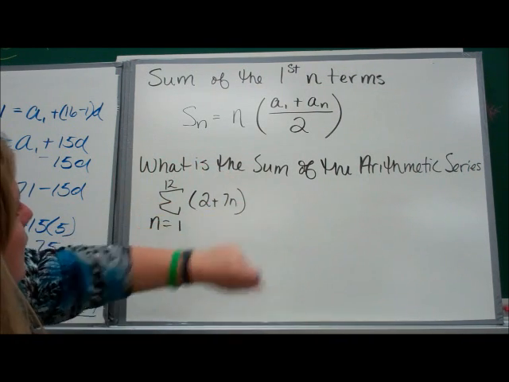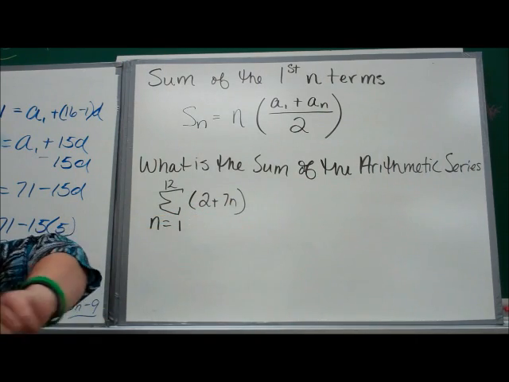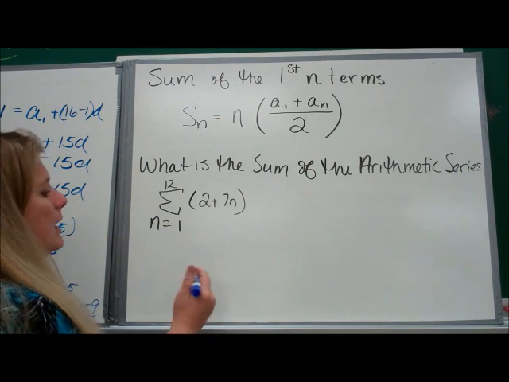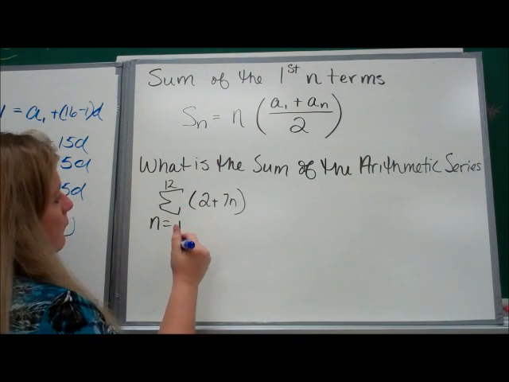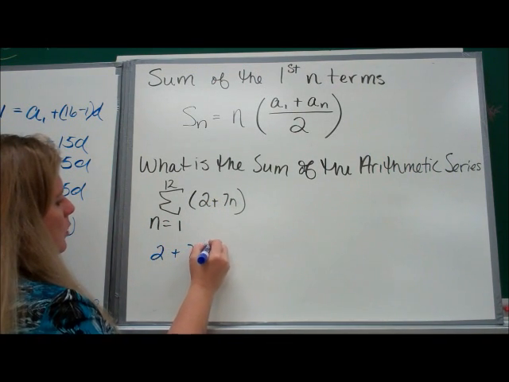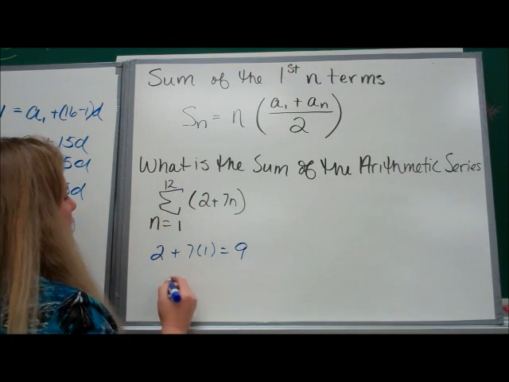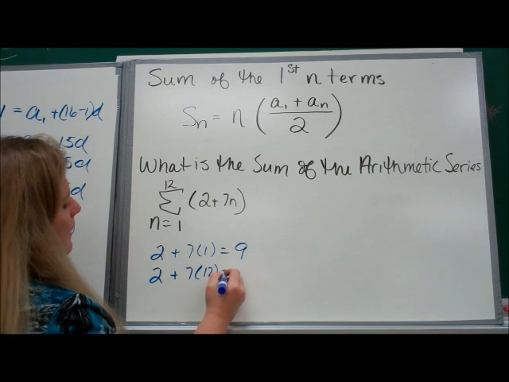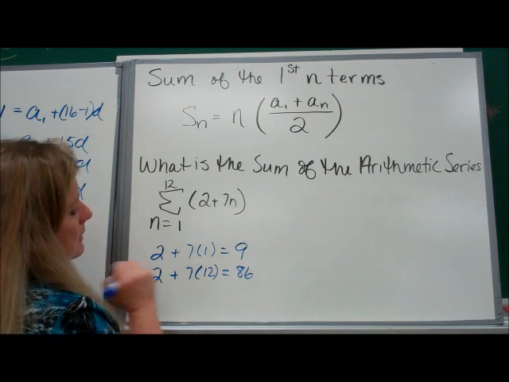Here is an arithmetic series defined by 2 plus 7n. n is 1, it goes to the 12th term, and now we just do the math. We first find the first term by plugging in 1: 2 plus 7 times 1 equals 9. Now we need the 12th term: 2 plus 7 times 12, well, 84 plus 2 is 86.